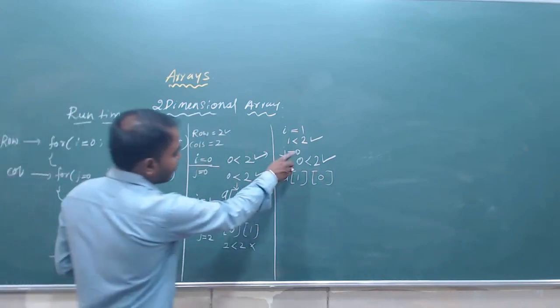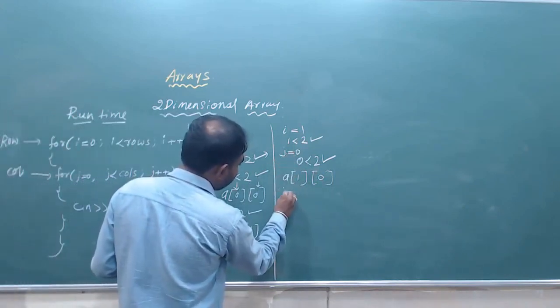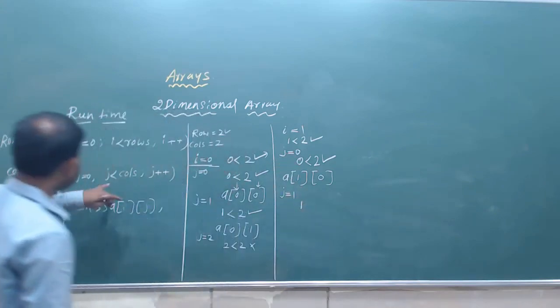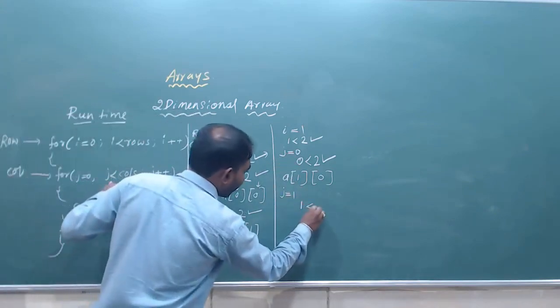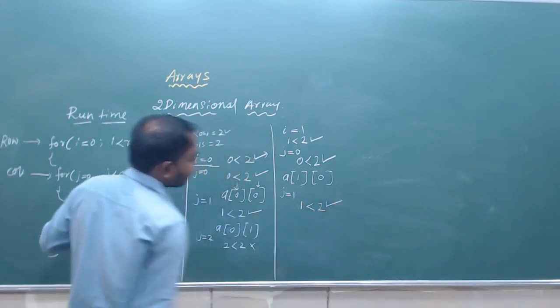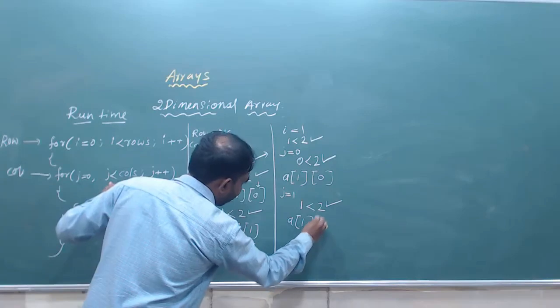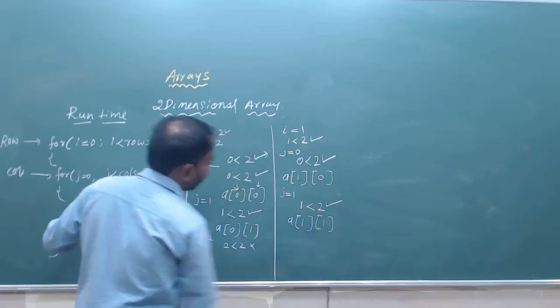Right? So again j is going to be incremented. j is equal to 1. Let me check with the condition, the column we have taken as 2. So this condition is satisfied. Once again, the i value will be 1 and the j value will be 1.